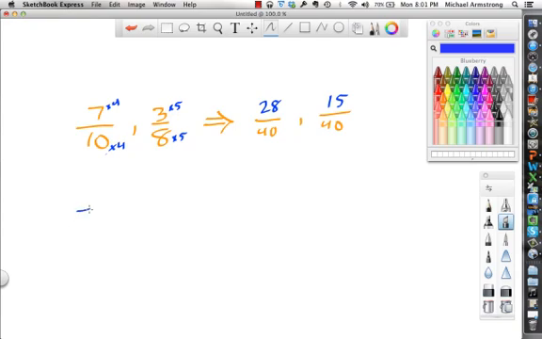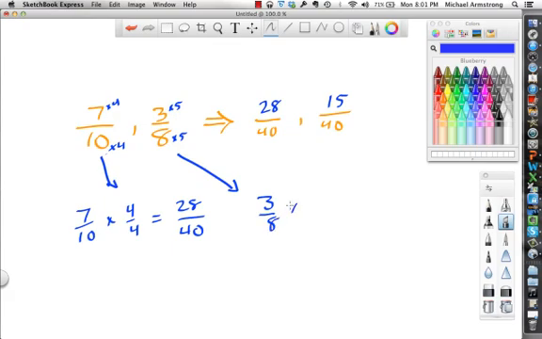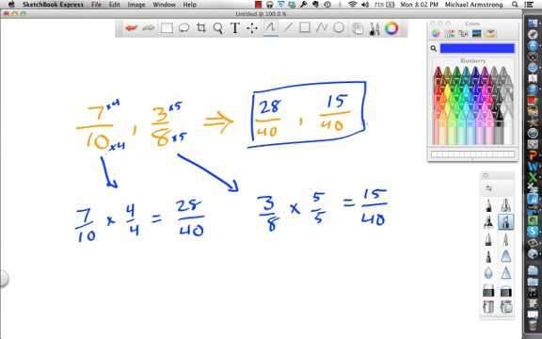So 7 tenths times 4 fourths equals 28 fortieths. And that's this one. This one is 3 eighths times 5 fifths equals 15 fortieths. And that's that one. So the two equivalent fractions are 28 fortieths and 15 fortieths.